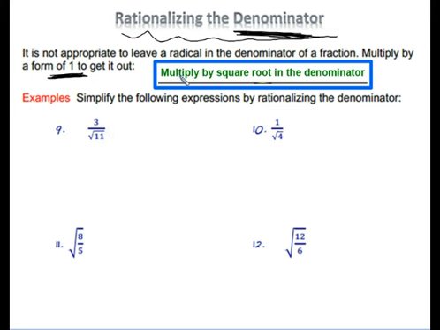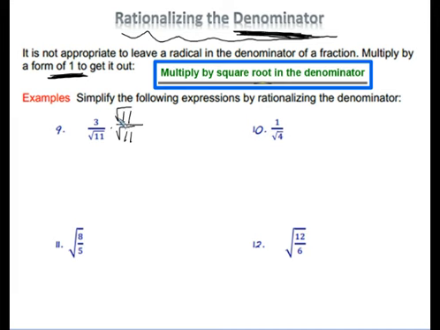So in order to do that, we're going to multiply by the square root in the denominator. When I look at number 9, the square root in the denominator is 11. So I'm going to multiply the denominator by the square root of 11. But if we multiply the denominator by something, we need to multiply the numerator as well.